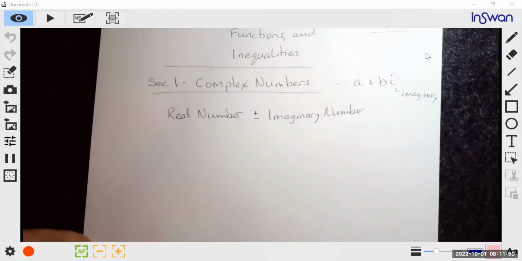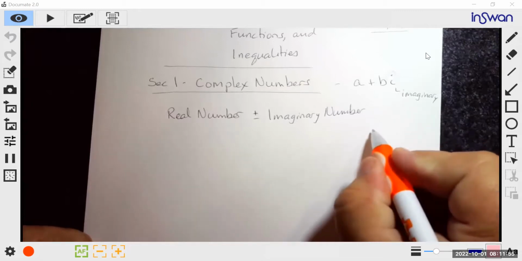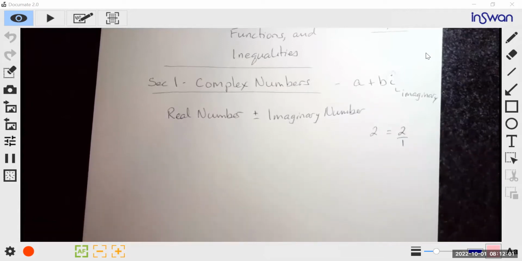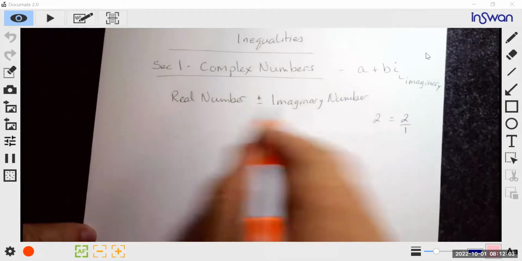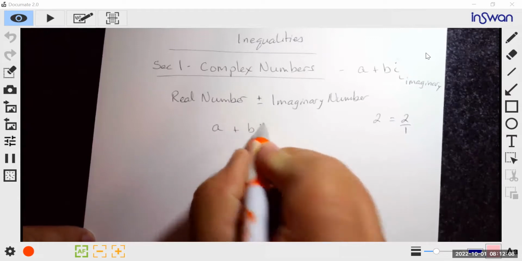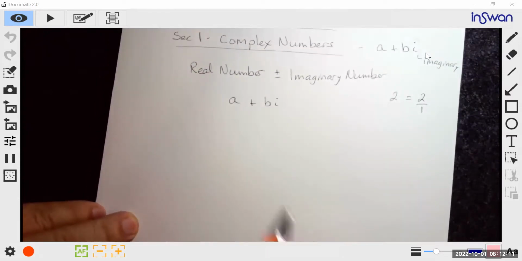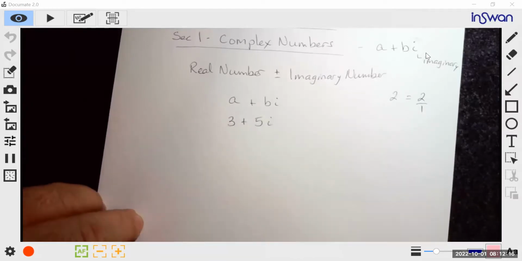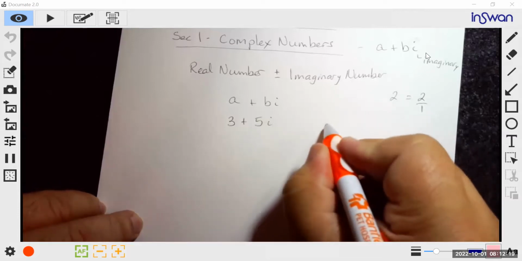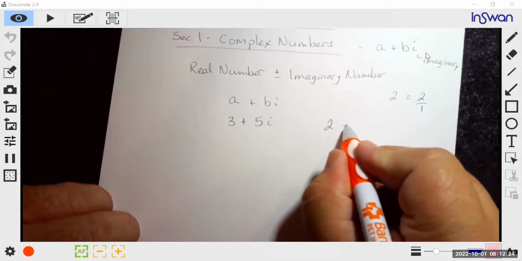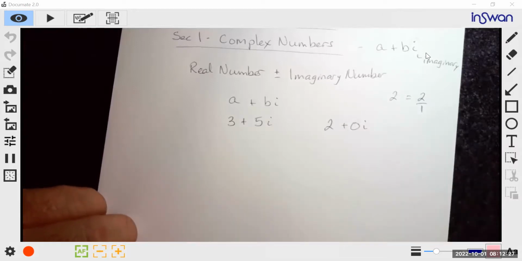So similar to what we talked about earlier this semester about rational numbers: every number can be represented as a fraction. 2 is the same thing as 2/1. So can real numbers. I mean, so can complex numbers. For example, 3 plus 5i is complex. 2 is a complex number because it's the same thing as 2 plus 0i.